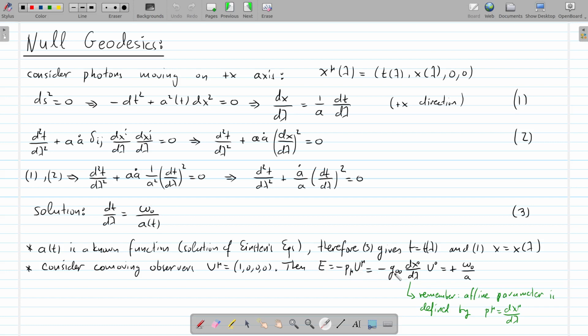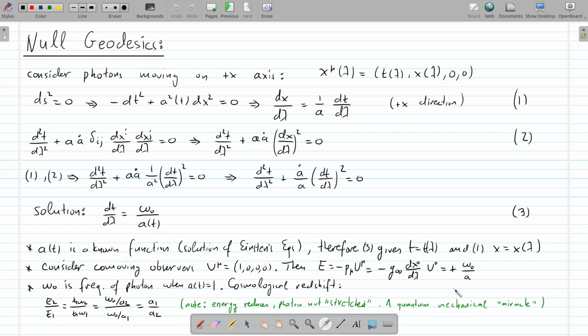So this is just g_00 dx^0/d lambda U^0, and if we substitute those values, U^0 is equal to 1, and this is simply just omega_0 over a. So omega_0 is the frequency of the photons when a of t is equal to 1. So this is, of course, arbitrary. We choose a value of the time coordinate where this is true in some units.